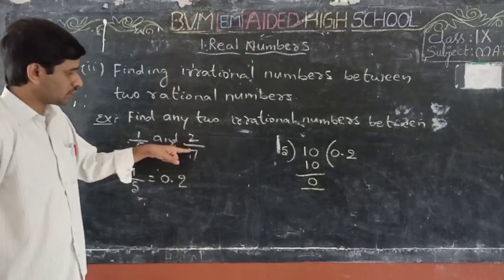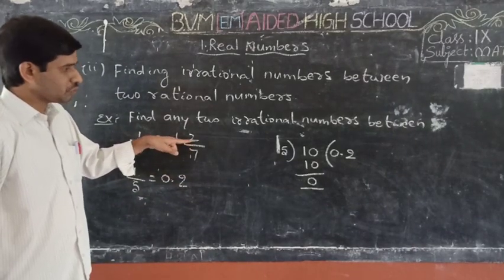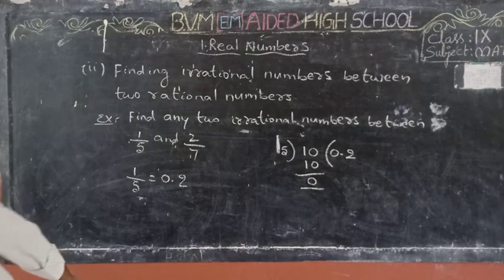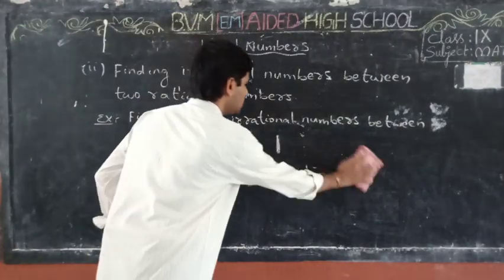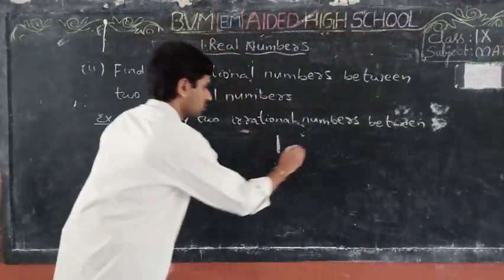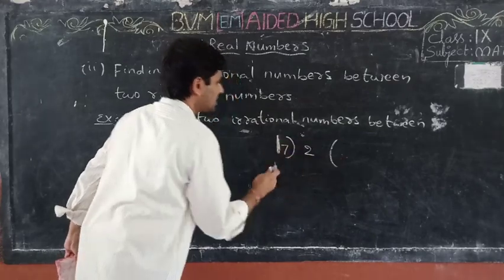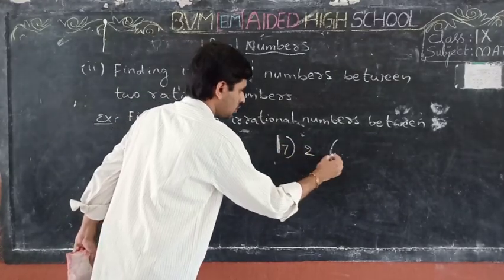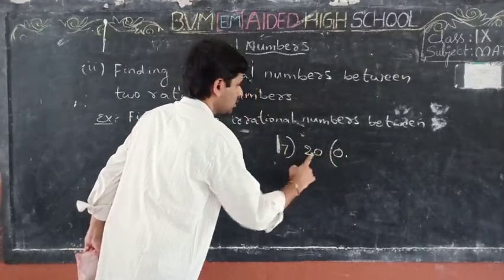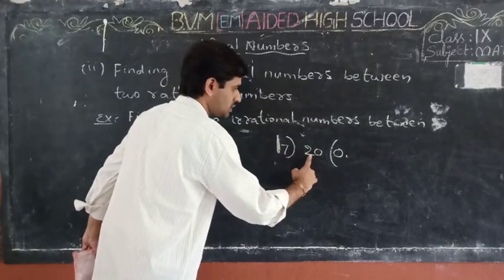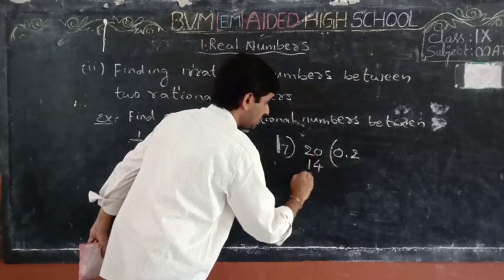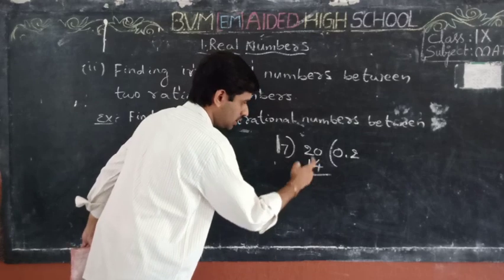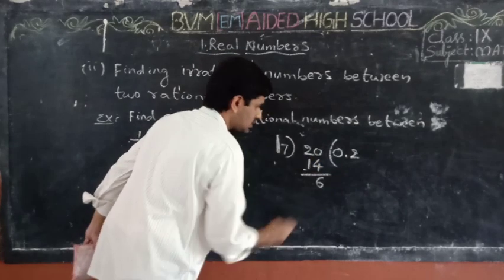Now we have to divide 2 by 7. Divide 2 with 7. 7 divides 2 zero times, so 0.7 ones are 7, 7 twos are 14, 7 threes are 21 which is more than 20. So 20 minus 14, 6.